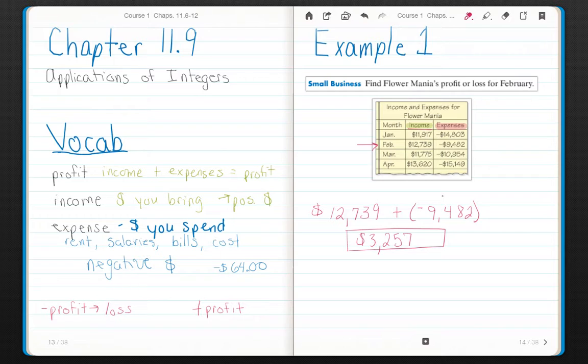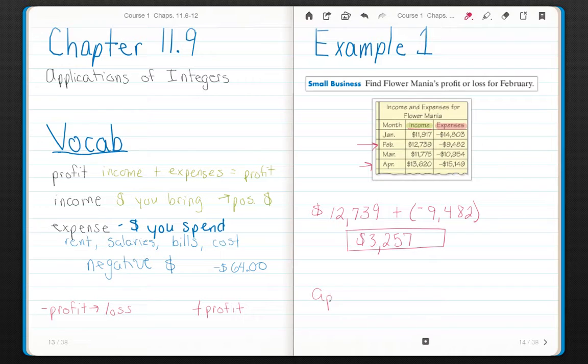So for example, if I look at April here, in April, my income is $13,000, but my expenses are $15,000. When my expenses are bigger than my income, that is considered a loss.